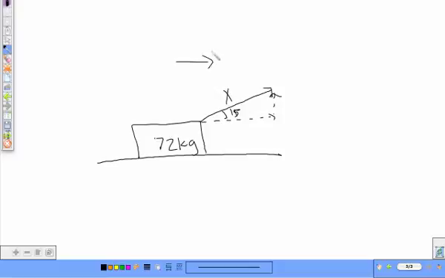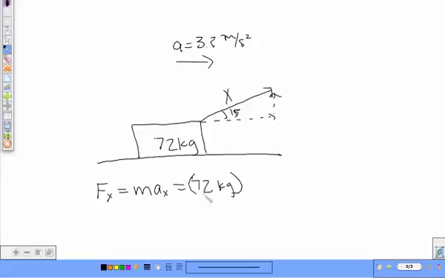So when we find F equals ma, it has to be x, or the f of x. Right. So we have f of x is equal to m a x. So that's how we're going to find f of x. So we'd have 72 kilograms times the 3.3. Do you agree?